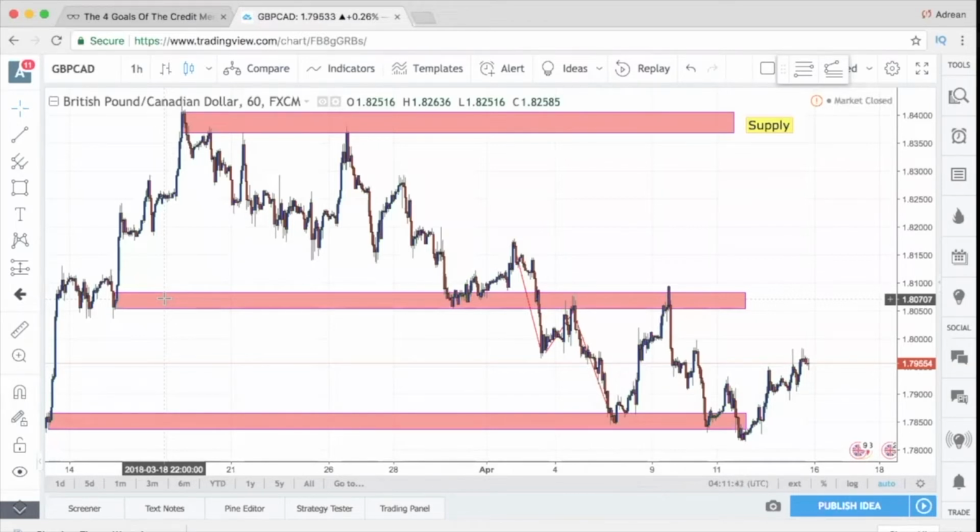So now you know that that roof or floor is even harder to break. So once it is broken, you have to know that it's going to be even harder for it to go back in that direction. As you can see right here, once it broke, it was too strong.